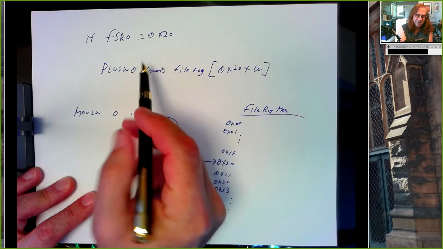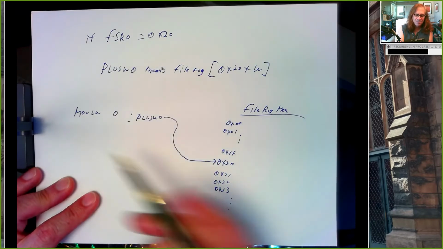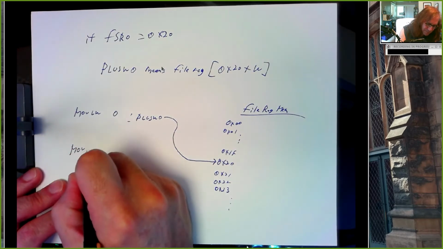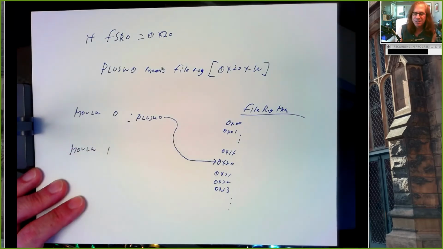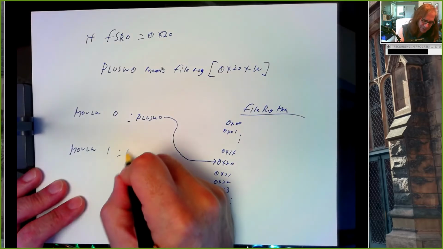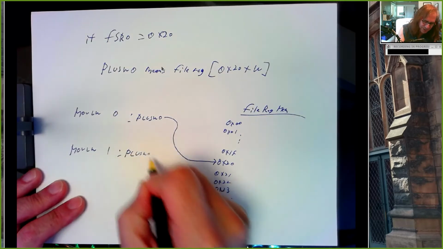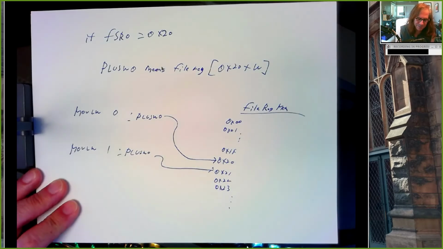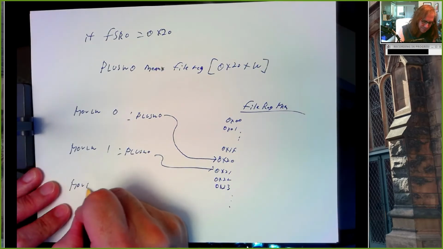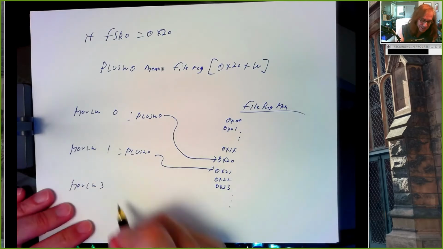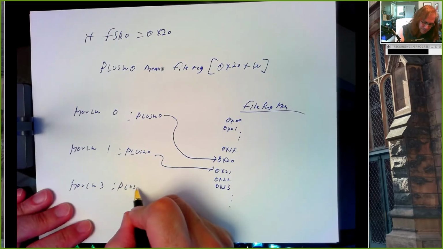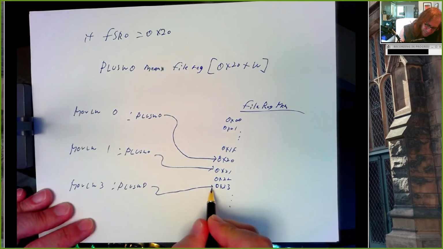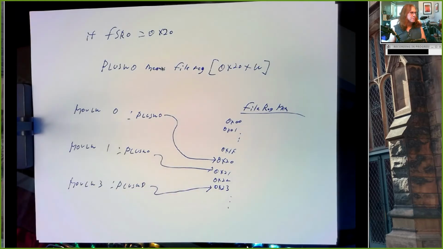The register at FSR0, which is 20, plus W. If I put a 1 into W, then when I access plus W0, it refers to this file register. If I put a 3 into W, then plus W0 refers to this register.